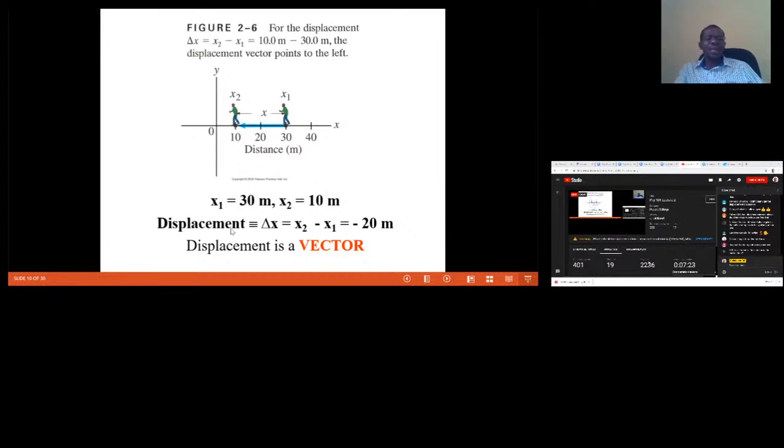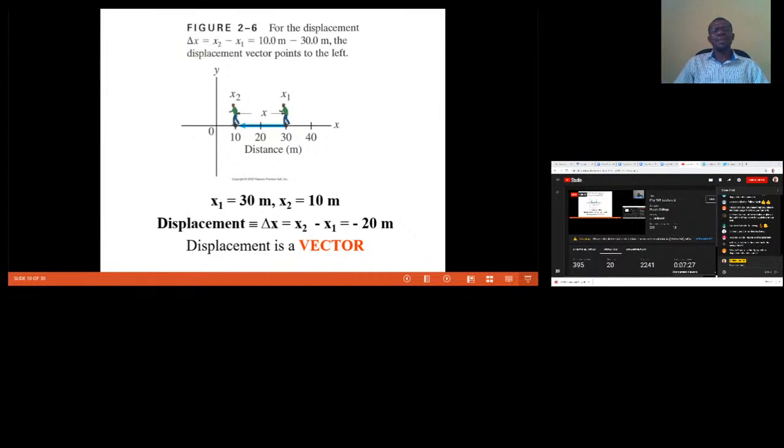From the formula, displacement is always calculated as final position minus initial position. So when you put in these numbers, which you can do on your own, you find that the answer will be minus 20 meters. What is the significance of this minus? It means that the person is moving along the negative x-axis, meaning that the person is moving to the left. And that is why we have a minus.